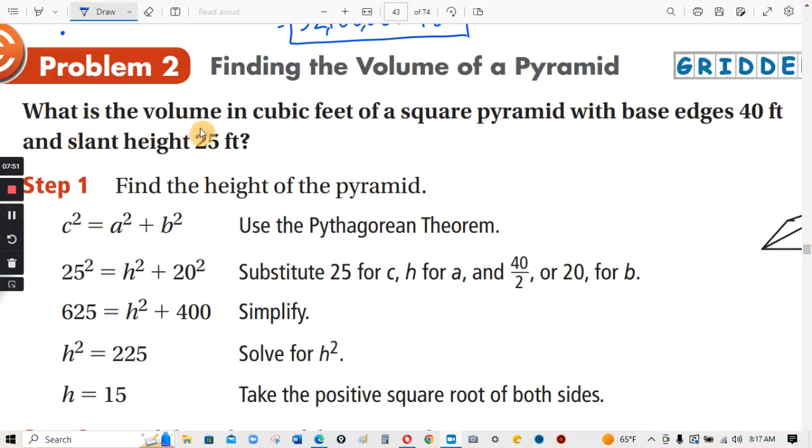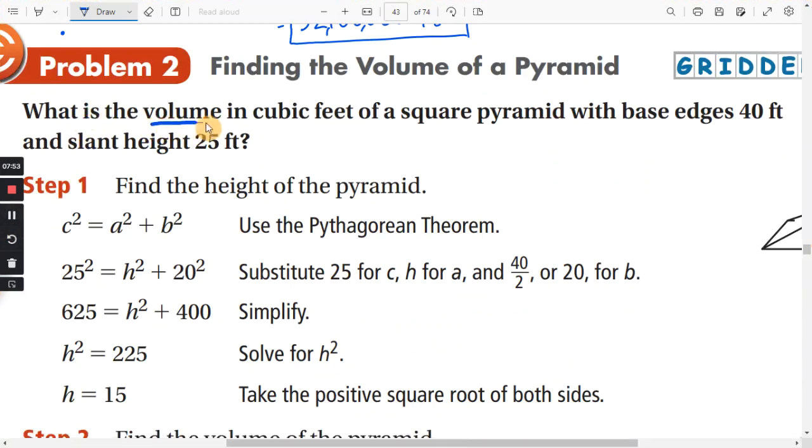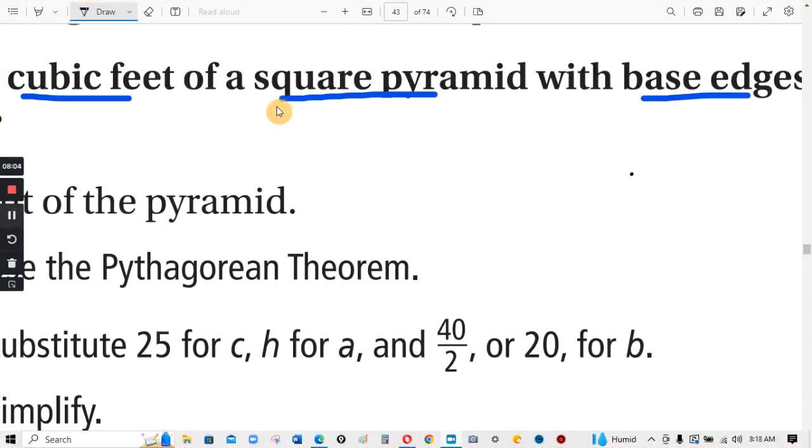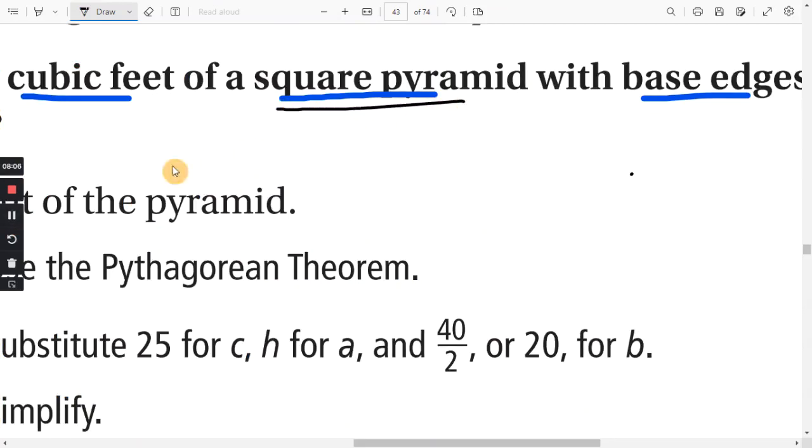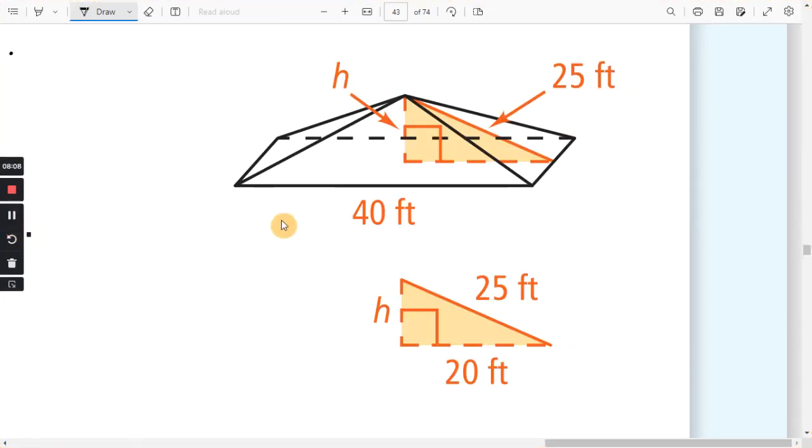Problem 2. What is the volume in cubic feet of a square pyramid with base edges 40 and slant height 25? Now, they did say in the problem that it's a square pyramid. So if this pyramid base is a square and this side length is 40 feet, then this side length right here is also going to be 40 feet.